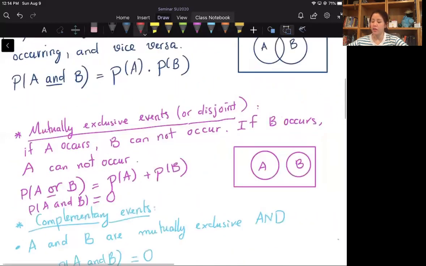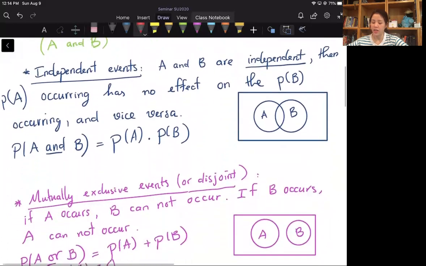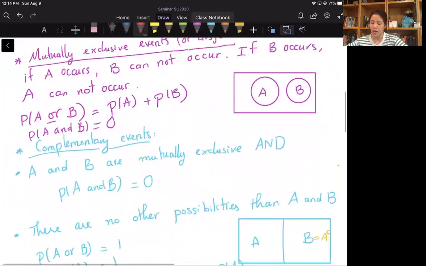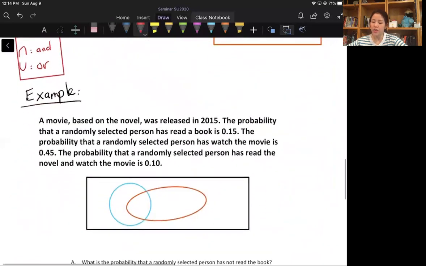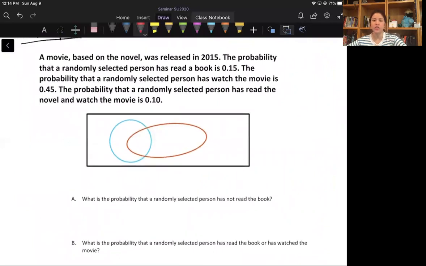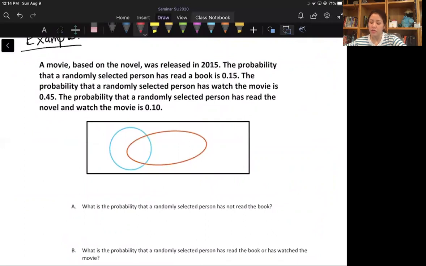All right, so for events A and B, we have four situations here: independent events, mutually exclusive events, complementary events, and inclusive events. So let's take a look at an example just to deepen how to apply these situations for calculating probability. A movie based on a novel was released in 2015. The probability that a randomly selected person has read the book is 15%.